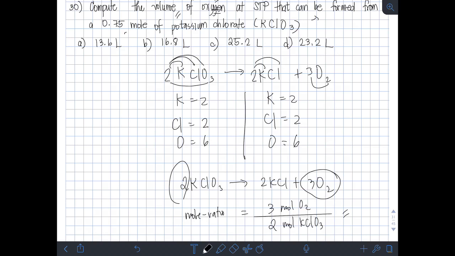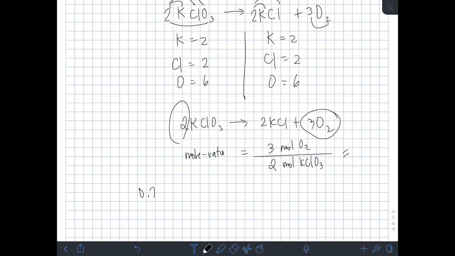Kasi given tayo na 0.75 mole lang daw ng potassium chlorate yung given. So, kung meron tayong 0.75 mole ng KClO3, multiply natin sa mole ratio na. So, 2 mole of KClO3 per 3 mole of oxygen. So, cancel.